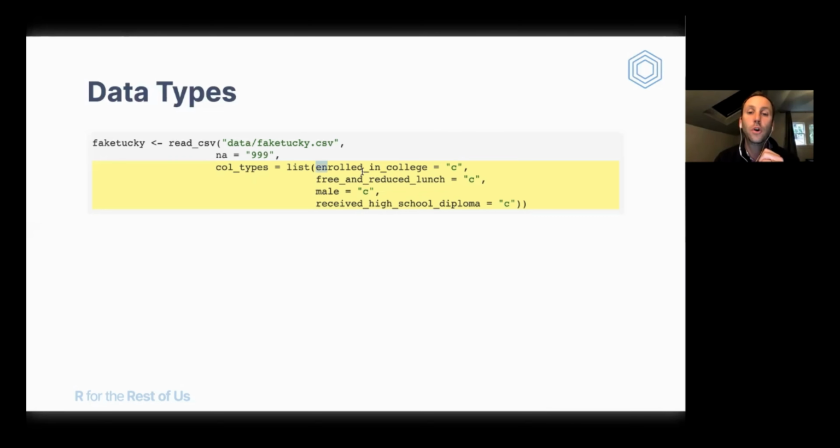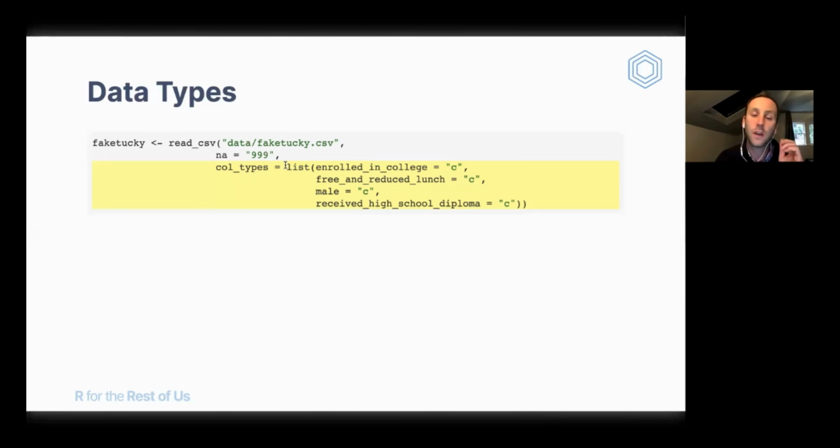So for example, with enrolled in college, when I say enrolled in college equals C, that's saying don't treat enrolled in college as numeric, which is what ReadCSV guessed based on the values. Instead, let's treat it as character. Same thing for free and reduced lunch, same thing for male, same thing for received high school diploma.